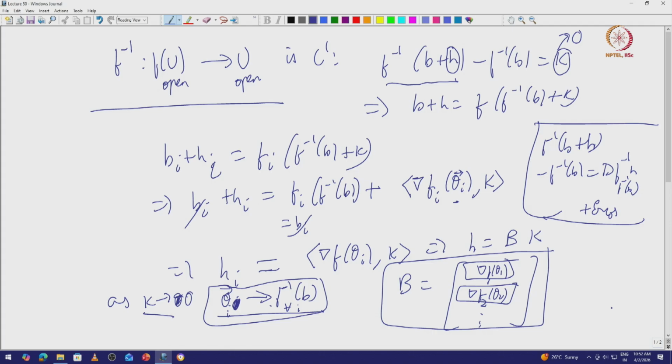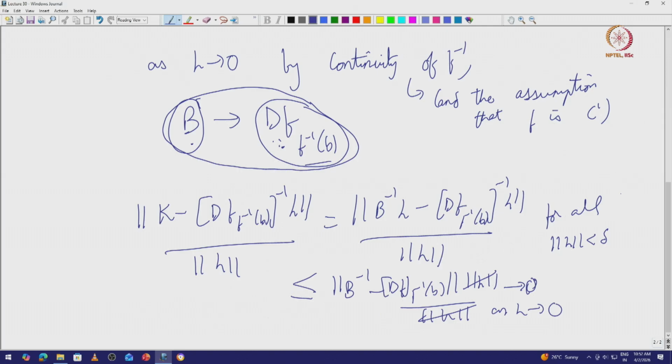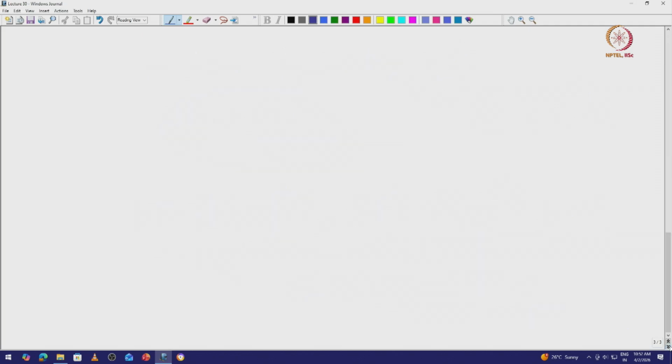Indeed, that's what we proved. If you take k minus this, which is the error term, and that divided by norm h does go to 0 as h goes to 0. So not only have we proven that f inverse is differentiable, right? So we have proven actually that f inverse is differentiable at the point b, right?